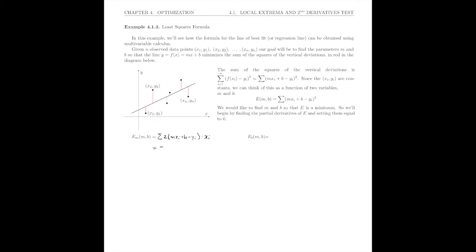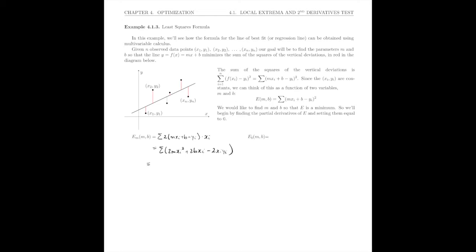Let's expand through, so we'll get the sum of 2m xi squared plus 2b xi minus 2 xi yi. And then using the properties of sigma notation, we can distribute the sigma and bring out the constants.